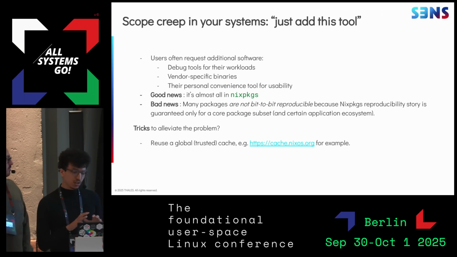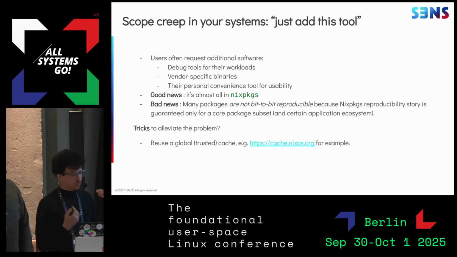is guaranteed only in the scope of a core package set, like the default ISO installation and so forth. It's not guaranteed for the whole package set, which is 100K packages, whereas you may find maybe 800 packages in the default ISO install.